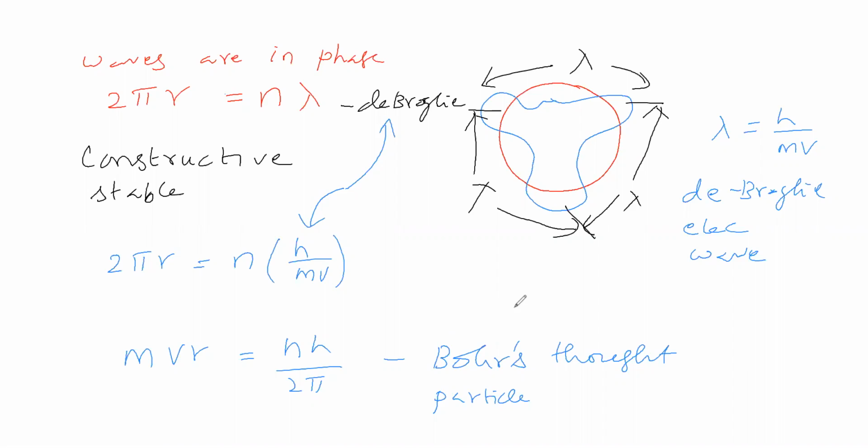Is there any limitation for these two? We are saying that from de Broglie we got Niels Bohr. Bohr's thought is that the electron is a particle, that's all.